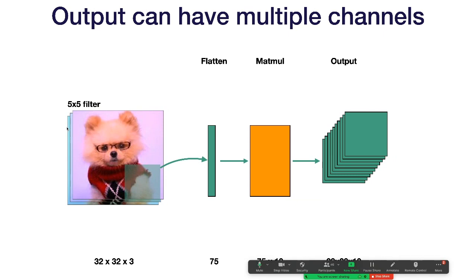And so instead of a dot product, you can have a matrix multiplication. In this case, you'll multiply this 75-dimensional patch from the image by a 75 by 10 matrix. And then you're going to produce an output tensor that is still 28 by 28. But instead of only having a single value on the 3rd dimension, which was created by this dot product, you're going to have 10 values on this 3rd dimension that's created by this matrix multiplication.